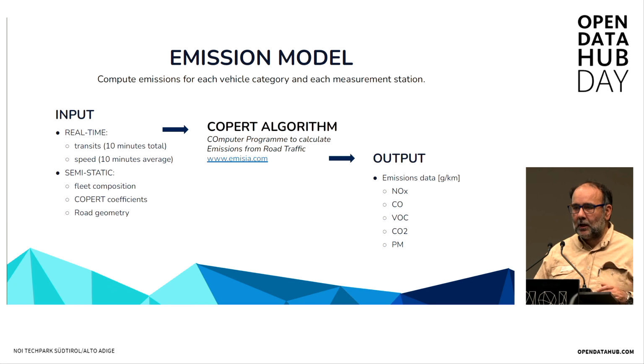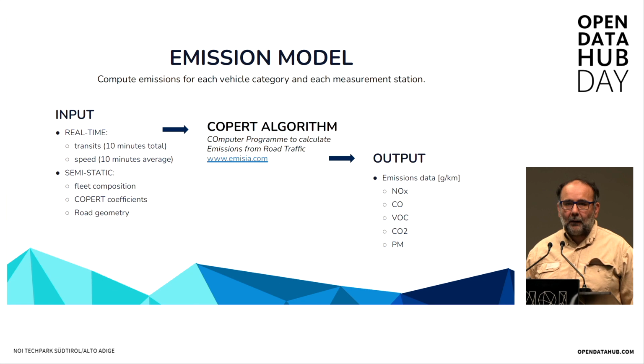Fleet composition means how many light vehicles and heavy-duty vehicles we have, which Euro classes are flowing on the street, fuel type, and so on. And this is typically updated once a year and can be done based on national inventories of fleet composition.